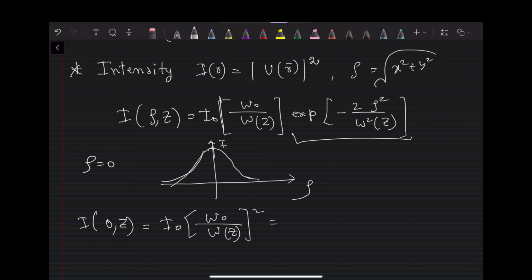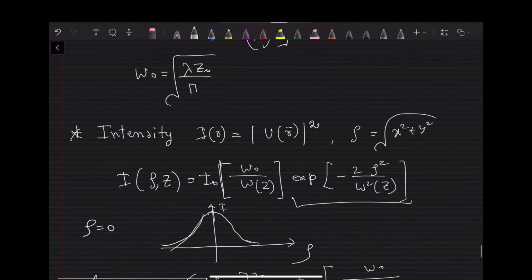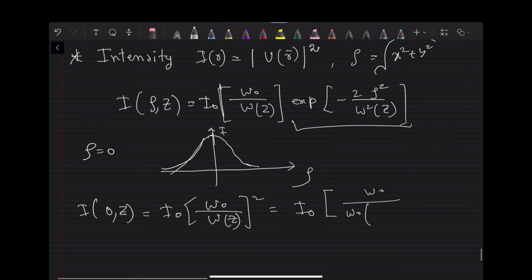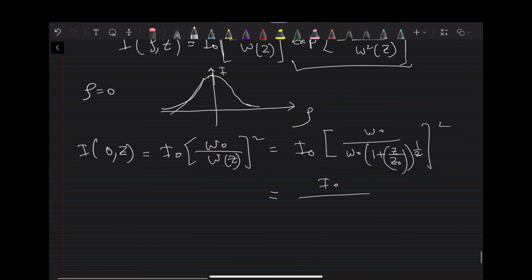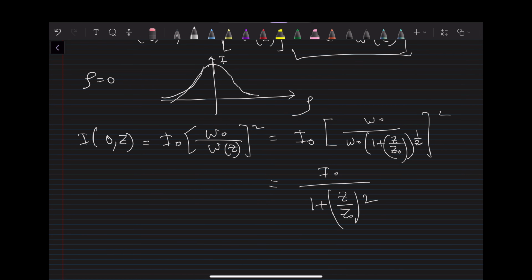Now we know how the width changes. So the intensity on the axis will be reduced as you go along the z direction.